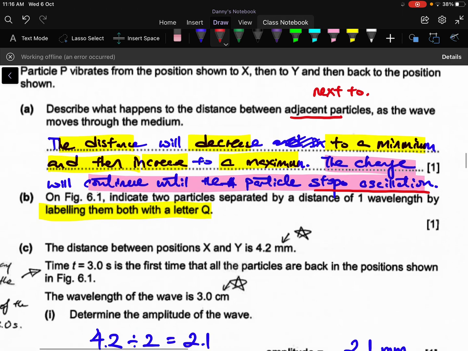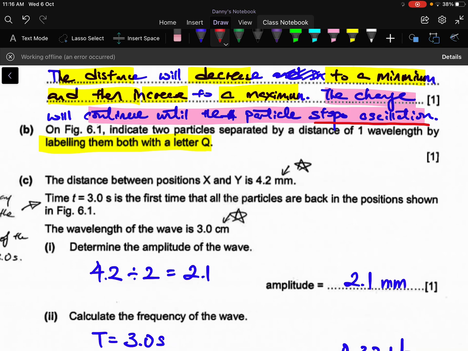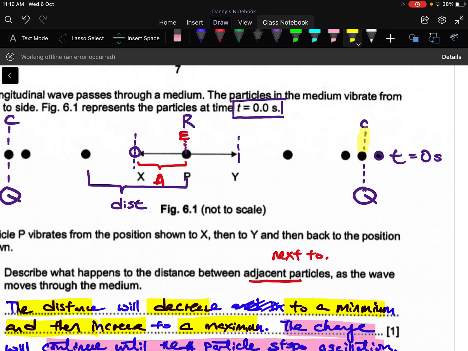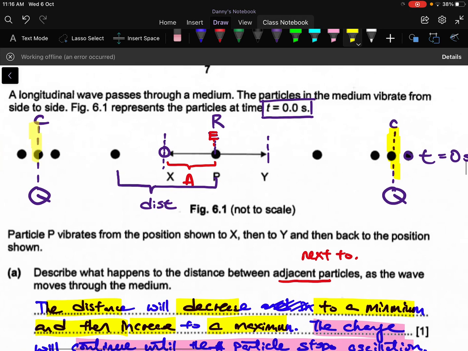Okay, for part B, I'm supposed to label the distance of one wavelength by labeling the particle. One wavelength is either compression to rarefaction to compression, or rarefaction to compression to rarefaction. In this case, I can see that down here, these two are my centers of compression.